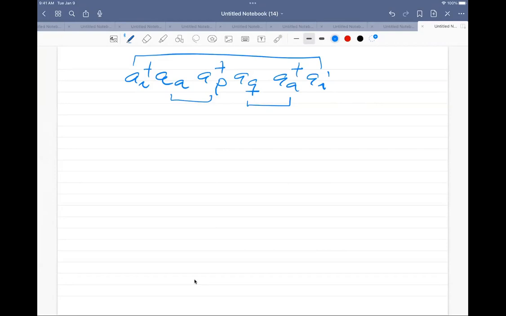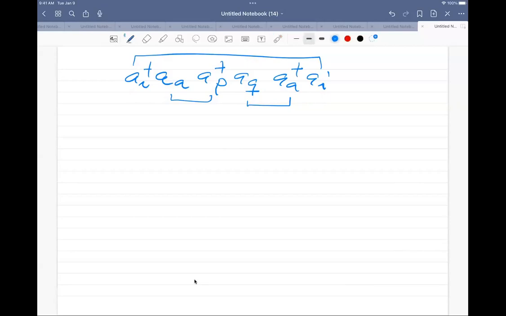Keep also in mind that if I do a contraction of the type like this one with that one, that is automatically zero because A and I are different. I also know that if I do this contraction, that is zero. If I do this one, that is zero. If I do that one with this one, that is zero. And this one with that one, that is zero. So I'm only listing the possible non-zero contractions.